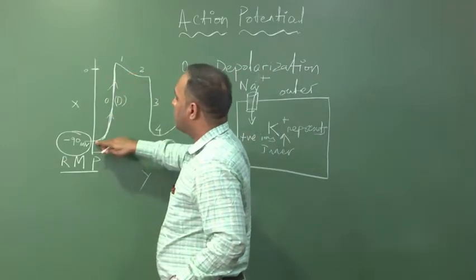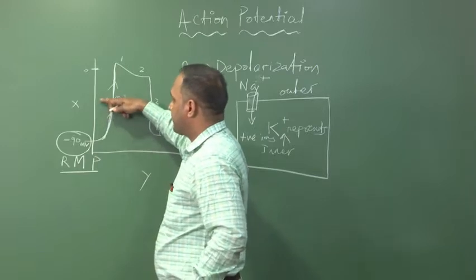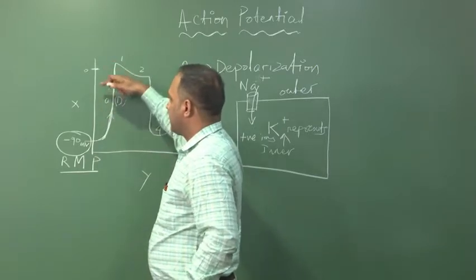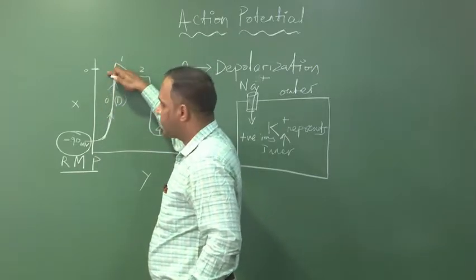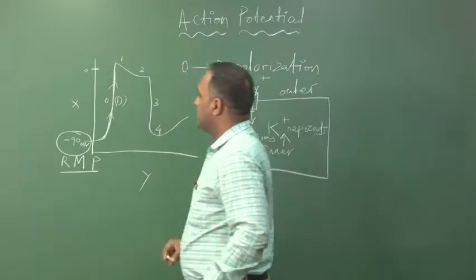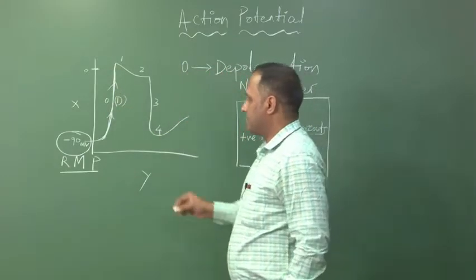So minus 90 millivolt, minus 70 millivolt, minus 50 millivolt, 40, 0. So it has reached up to this 0 phase.